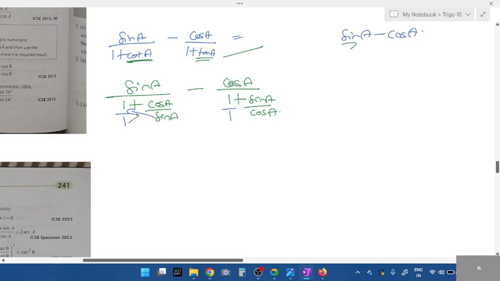Denominators are different. Take the LCM, students. Sin A divided by sin A plus cos A divided by sin A. There are two denominators, so this will get multiplied to the top.